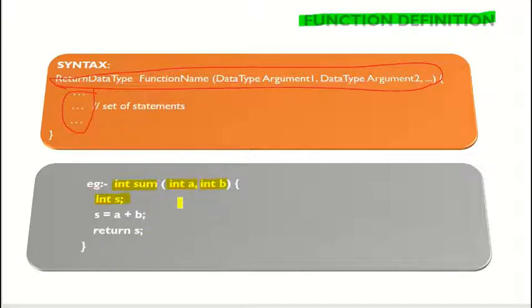It is getting two values a and b from the calling function, and in this example the sum is found, s is equal to a plus b, and it is returning the value s, that is, the total of a and b, to the function from which it is called.